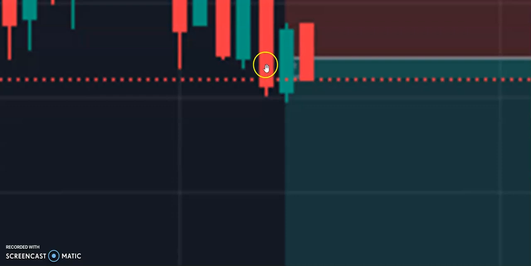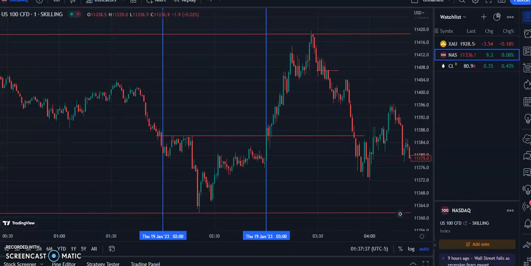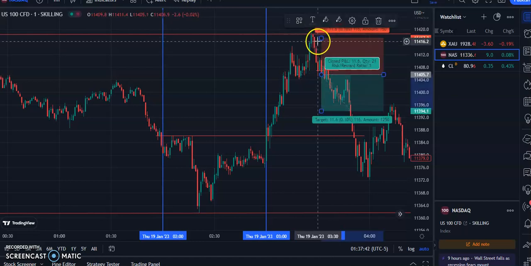Our entry is here. So lucky for me, the next candle went to retest around 50% of that engulfment. That was my entry for a 50 pip move. Now this is the entry at that engulfment.